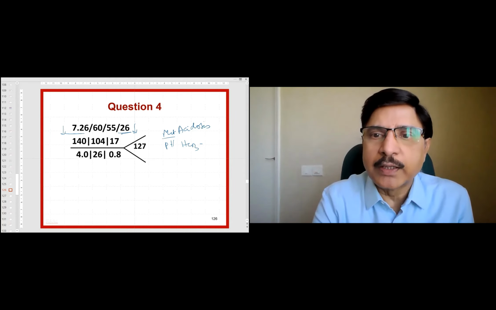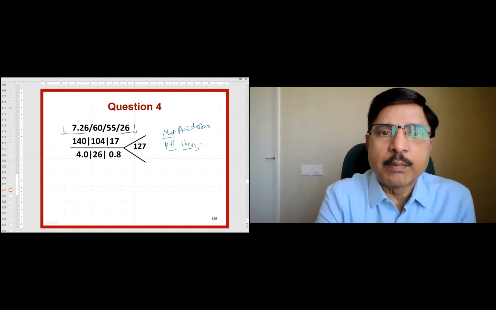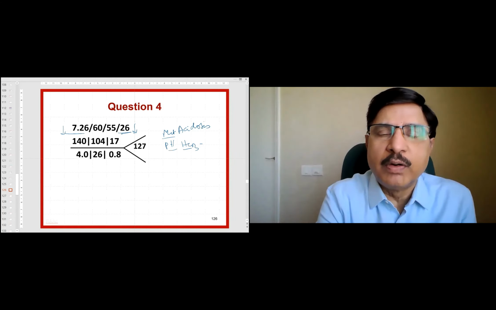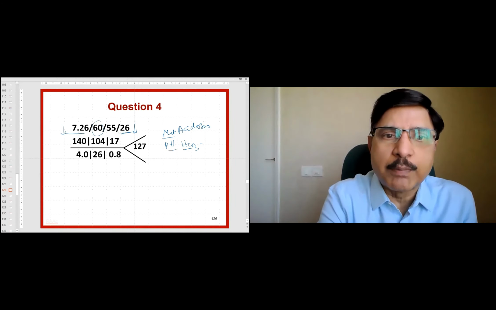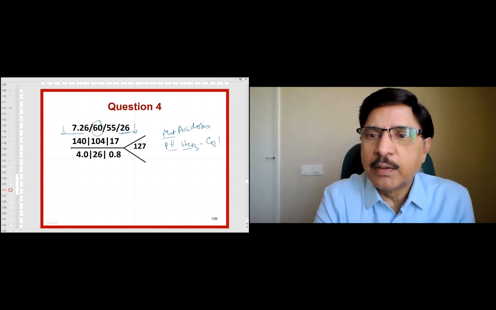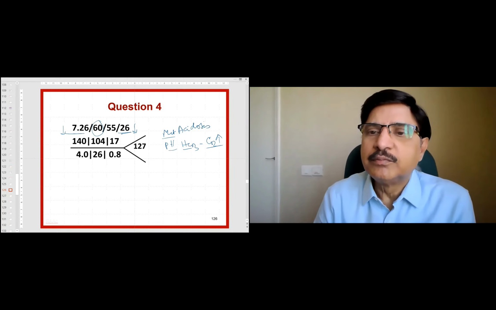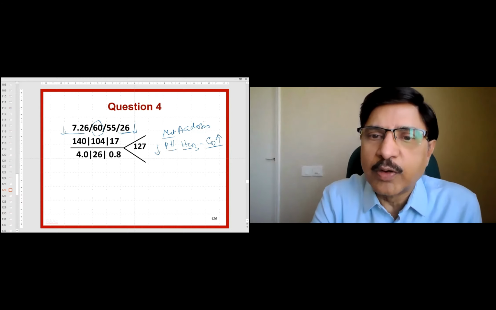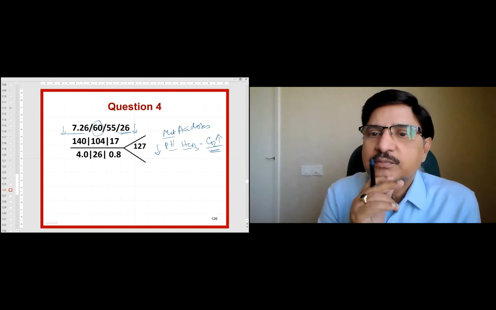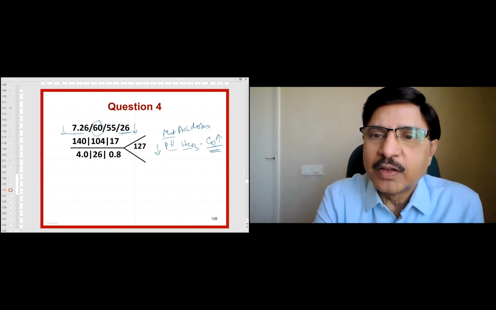You said metabolic acidosis. But in metabolic acidosis, what will happen? The pH is down, the bicarbonate also is down, but then carbon dioxide should also come down. But it is on the other side. When pH is down and carbon dioxide is up, what sort of acidosis is that? That is respiratory.